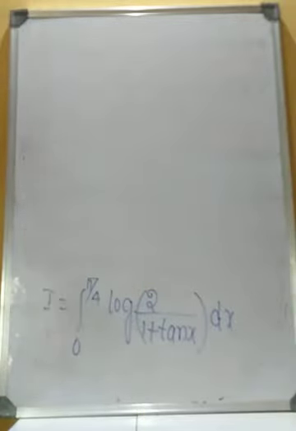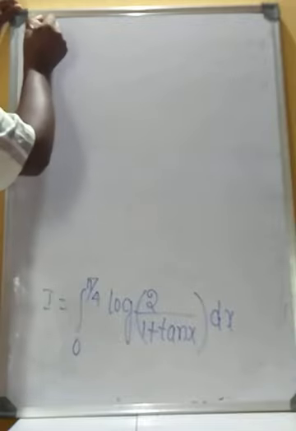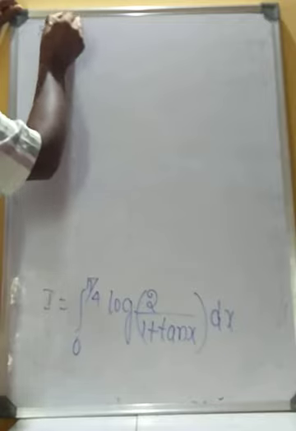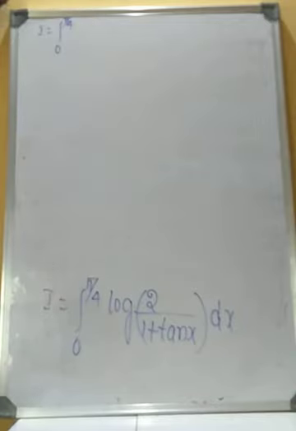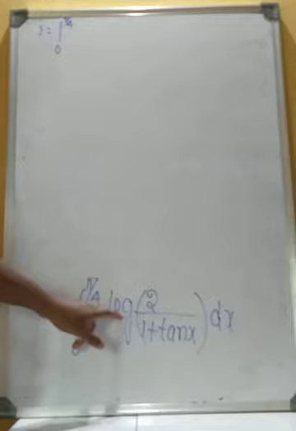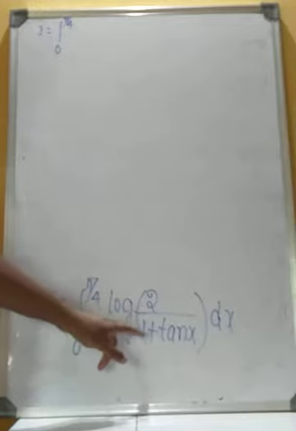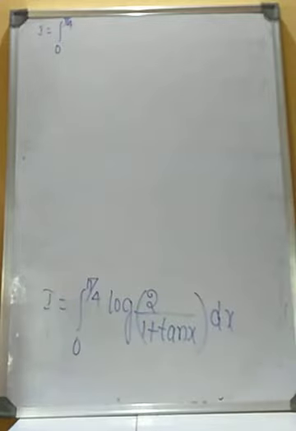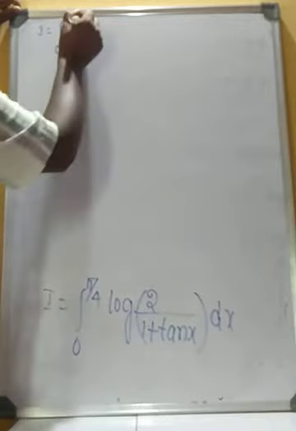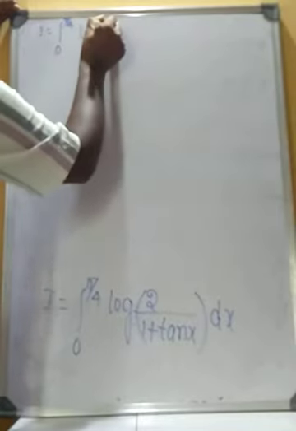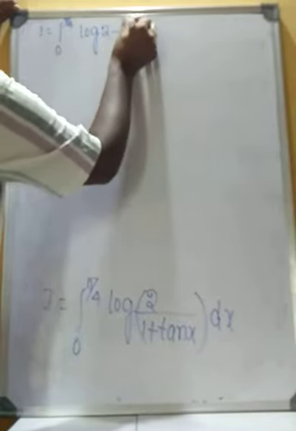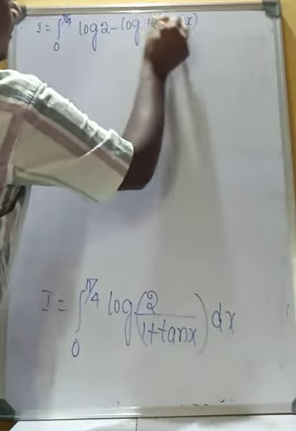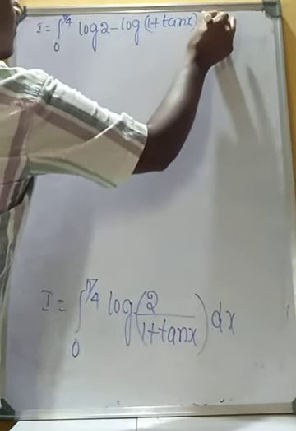So therefore, I equals integral 0 to pi by 4 of log of 2 by 1 plus tan x. This is of the form log of a by b equals log a minus log b. Here, log 2 minus log of 1 plus tan x into dx.